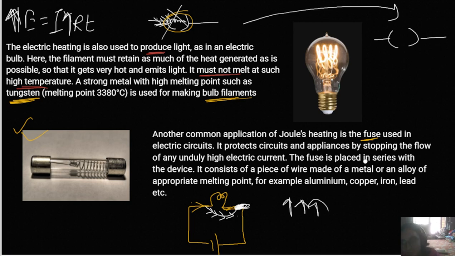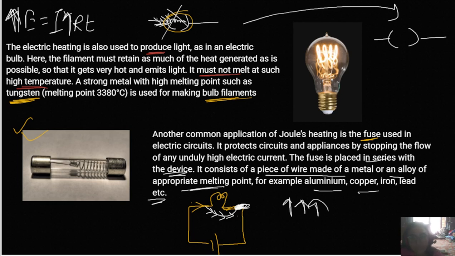So the fuse is placed in series with the device. It consists of a piece of wire made of a metal or an alloy of appropriate melting point, such as aluminium, copper, iron, lead, etc. When the time comes, the fuse automatically melts, and then the circuit is broken, and so no extra current flows through the device, and the device is saved. Okay.